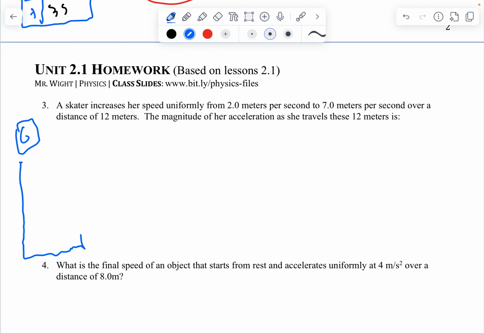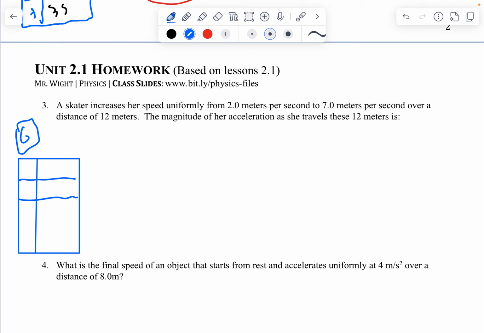So we have our box here. Initial velocity, final velocity, displacement, acceleration, and time. What's the initial velocity? From 2 meters per second to 7 meters per second.